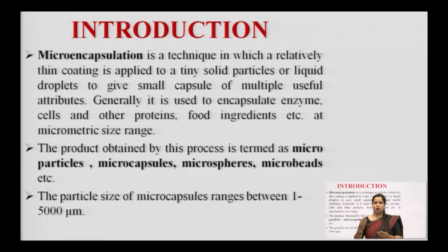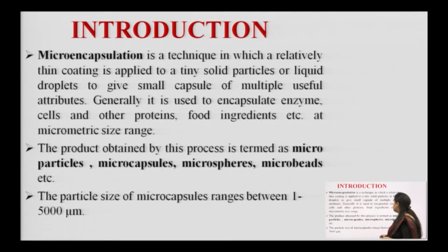In some papers you can also see that the gaseous phase is entrapped in the solid polymer coating. So, here the technique involves the coating of the core, that means the active drug particle, within the polymer capsule. This technique is generally known as microencapsulation because the encapsulation is done at the micrometric level.